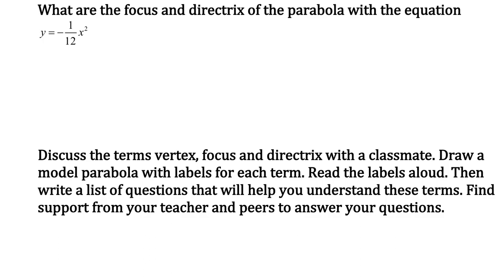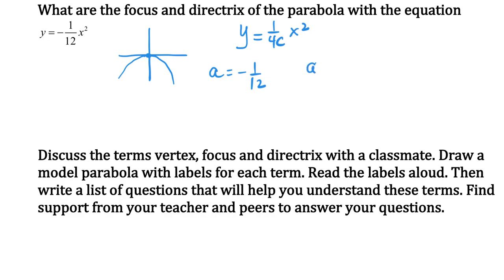What are the focus and directrix of the parabola with the equation? Now, we know that the vertex is at the center. We know that it opens downwards. What's missing now is the focus and the directrix, but we do know that y equals 1 over 4c times x squared. We know that a, in this case, is negative 1 over 12, and we know that a is also equal to 1 over 4c.